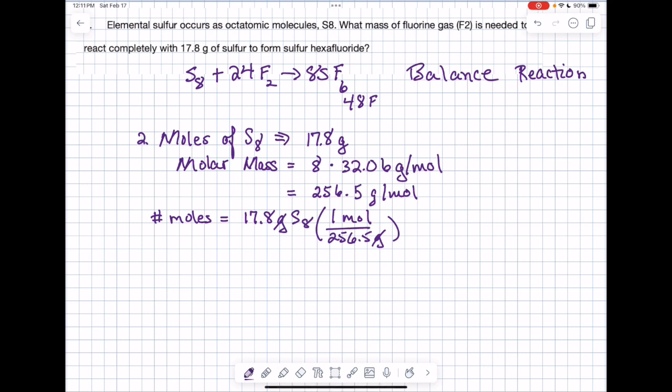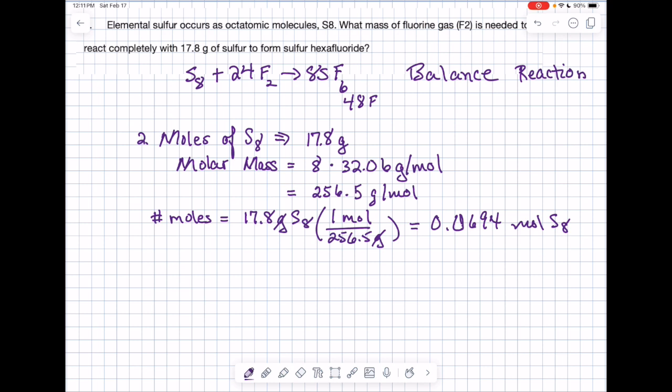And so we run through that calculation, and the number of moles that we get is going to be 0.0694. And actually, if we want to keep sig figs, we're going to have 3 sig figs, so 0.694 moles of S8.